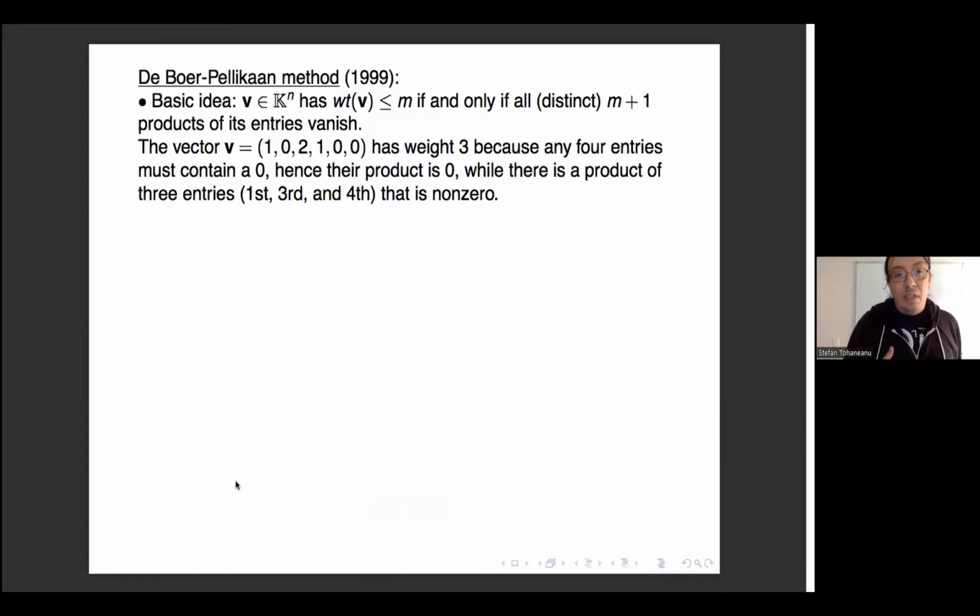I have an example here, and you see the weight is 3 because if we take any 4 entries in that vector v, it might contain a 0, so their product is 0, and there is a product of 3 entries that is different than 0.